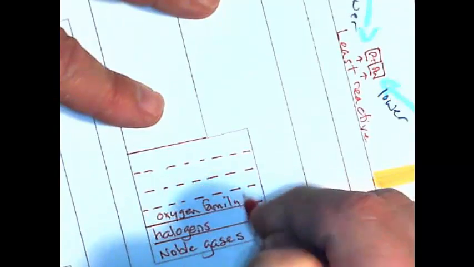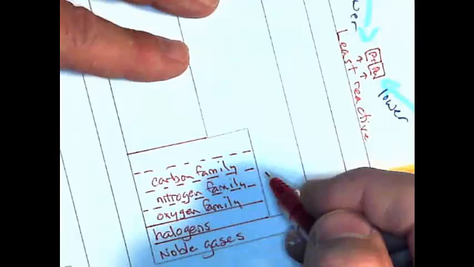Okay, we'll just call this the oxygen family, and the nitrogen family, and the carbon family, and the boron family.